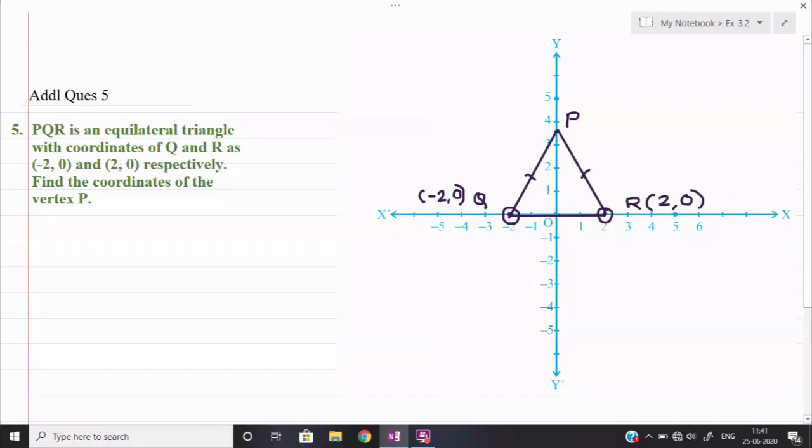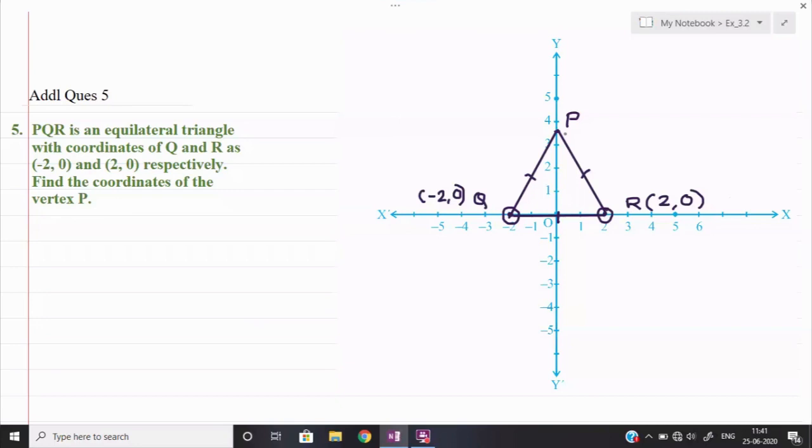So as per the definition, P must have the same distance from Q and R. In that case P should lie on the y-axis itself, because Q and R also lie on the x-axis. So according to the definition, P will definitely lie on the y-axis.